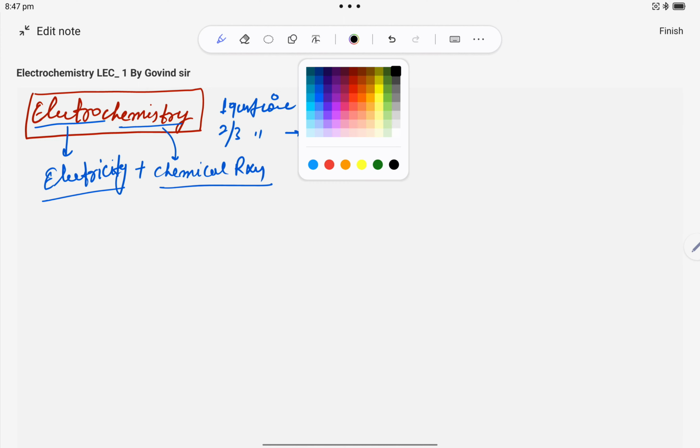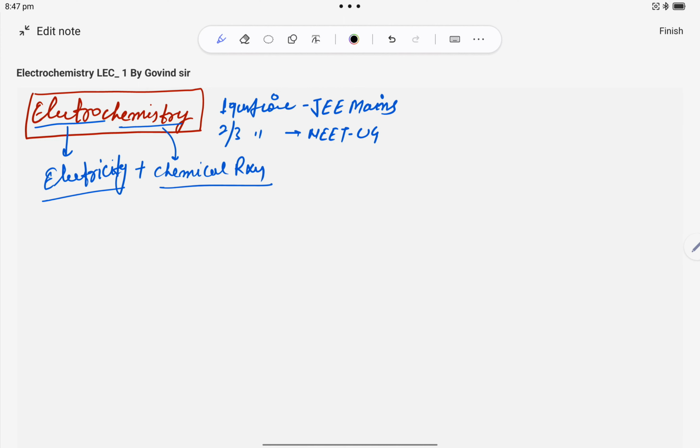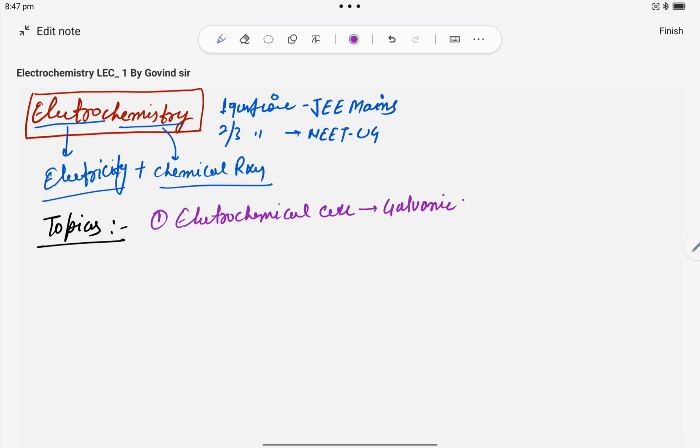So what are the topics in this chapter? First, we have to discuss the electrochemical cell, which you can call a galvanic cell or a voltaic cell.